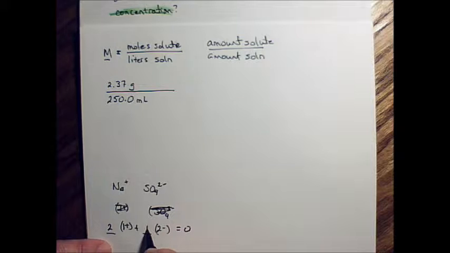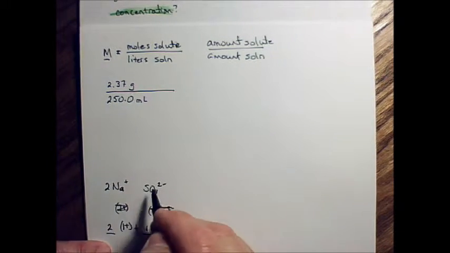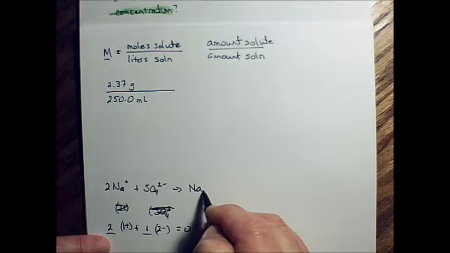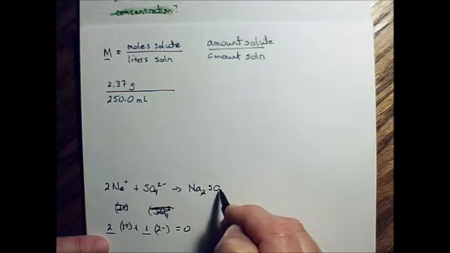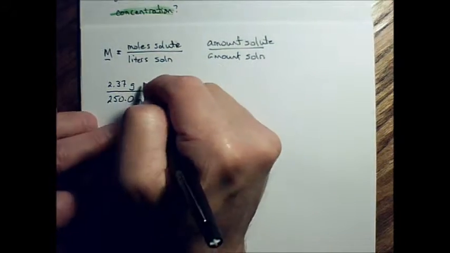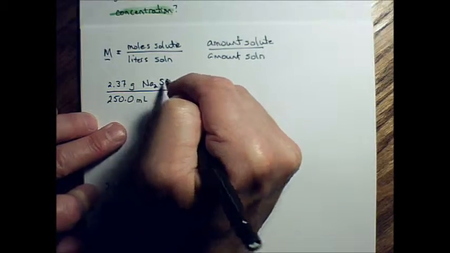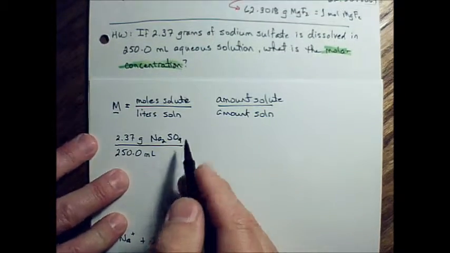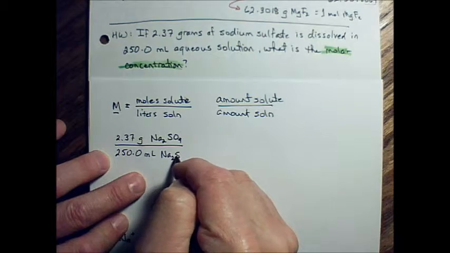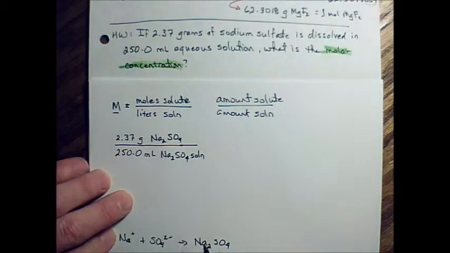So I need 2 of the sodium particles that have the 1+ charges and 1 of the sulfate particles. So our formula comes out to be Na2SO4. This is the formula we're going to put here, grams of Na2SO4, and in the milliliters of aqueous solution, this is a Na2SO4 solution.